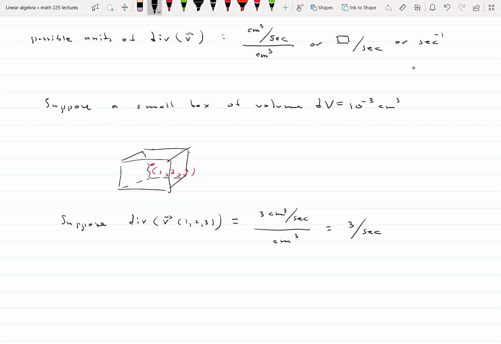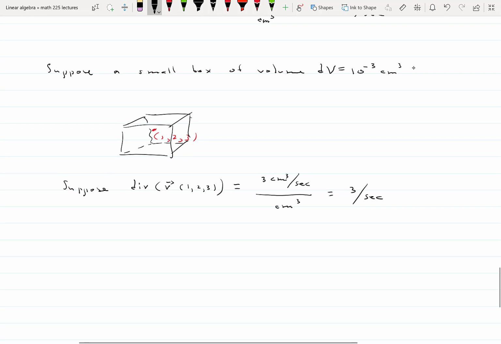Okay, so again, we're making the assumption that V is the velocity of a fluid, and at 1, 2, 3, the divergence of the velocity at 1, 2, 3 is 3 per second. So this now will give the quantity divergence some meaning.